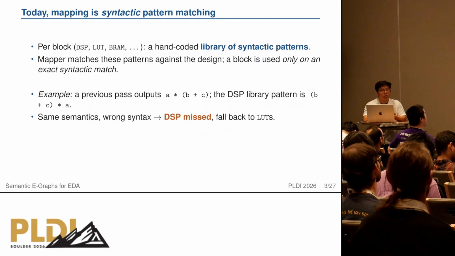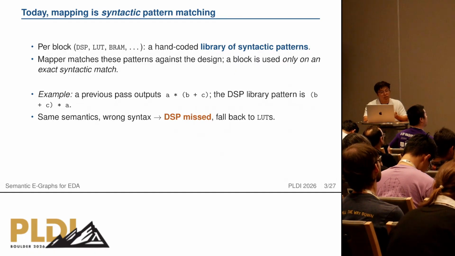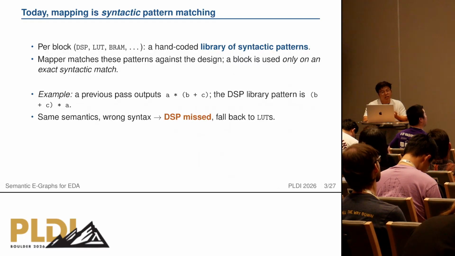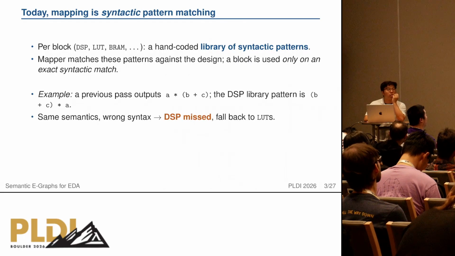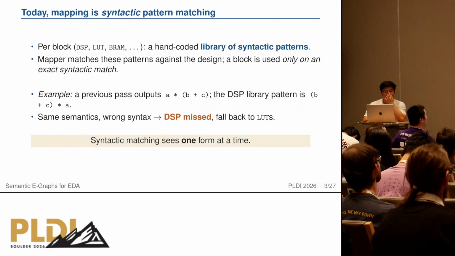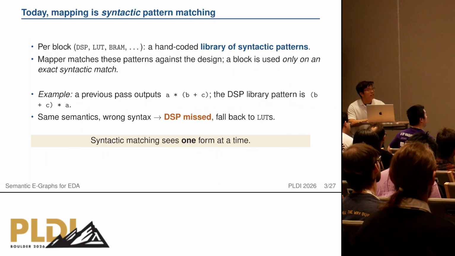Suppose a previous pass outputs an expression like a multiplied by (b plus c). However, the encoded pattern in the DSP library is (a plus b) multiplied by c. We don't get this DSP mapped, and this will end up in worse performance. The reason is that syntactic matching only matches one form at a time.